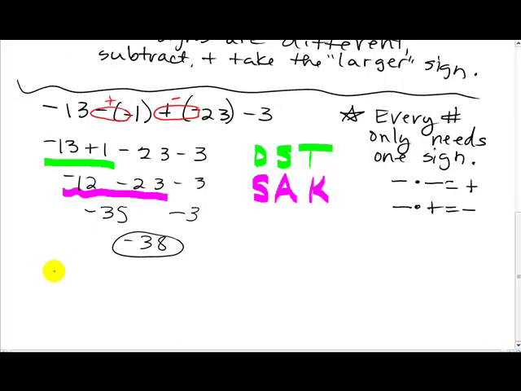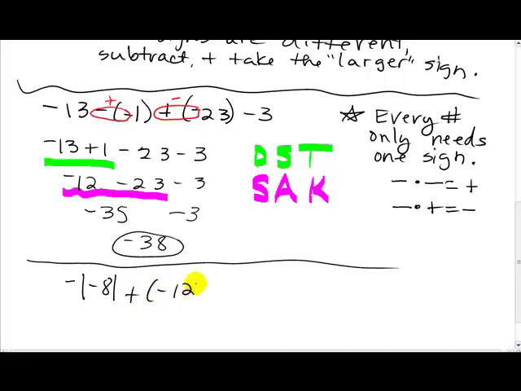Let's look at one with absolute value. Now, with the absolute value, you have to do what's in here first. This is not going to be the same thing as what we had up here with this negative and negative. You have to take care of what's in the absolute value first.